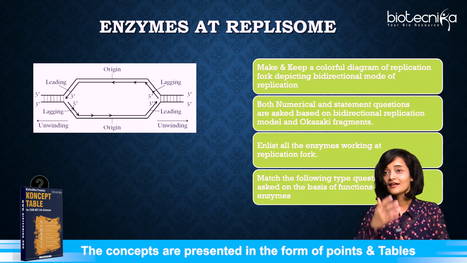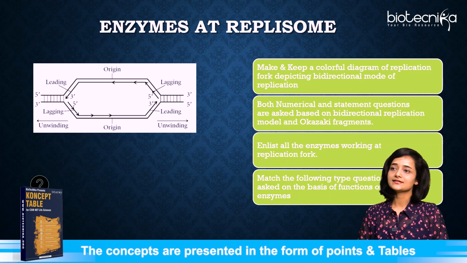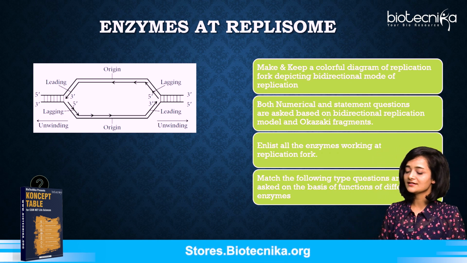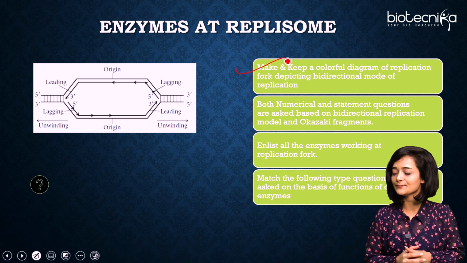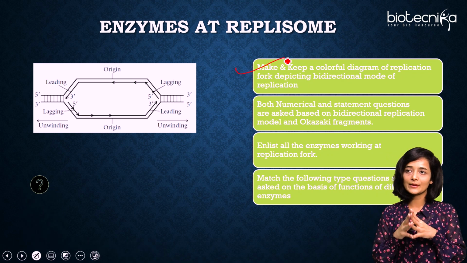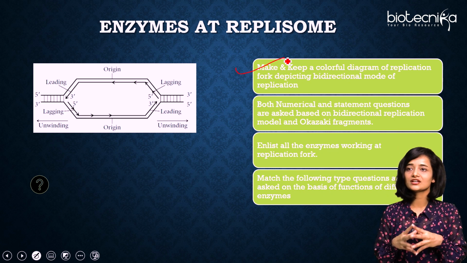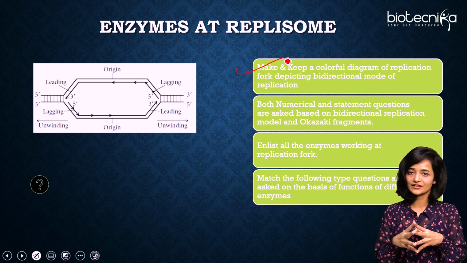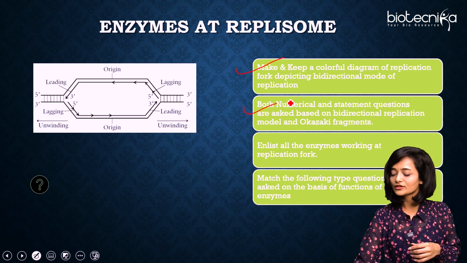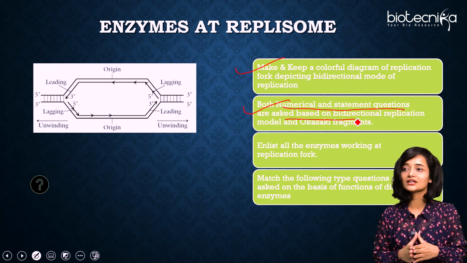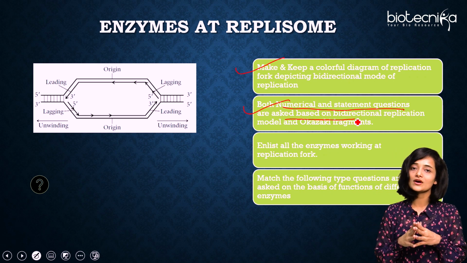Yes. Then comes the enzymes at the replisome. What you can do here is make and keep a colorful diagram of the replication fork depicting the bidirectional mode of replication. Both numerical and statement-based questions are being asked from the bidirectional replication model and Okazaki fragments.